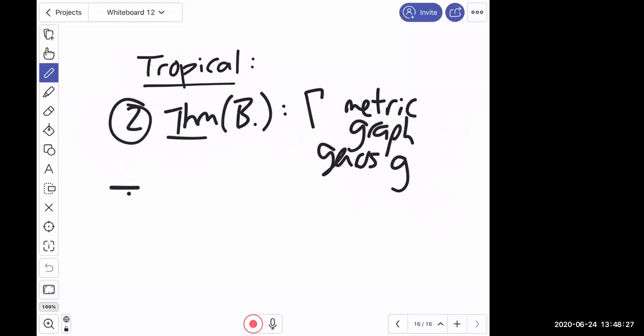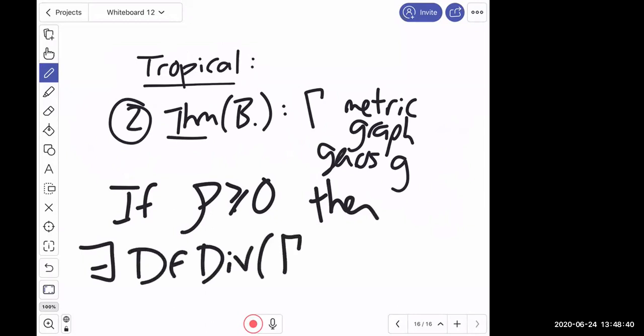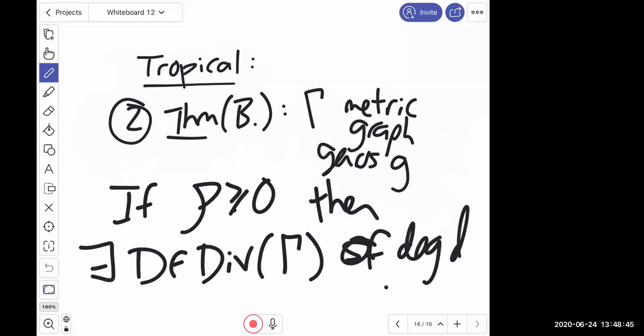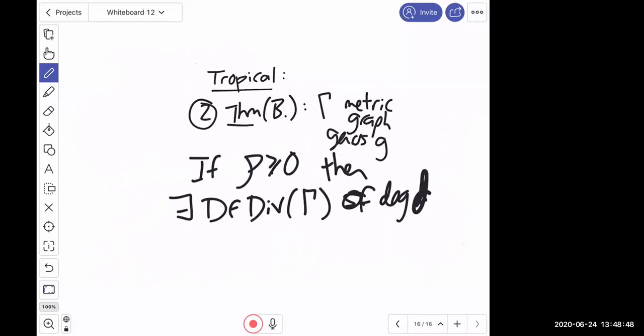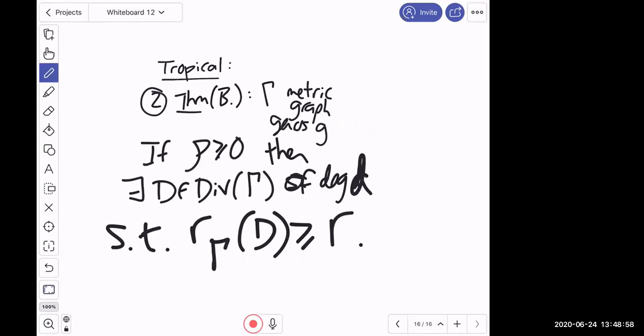And if the Brill-Noether number rho, which secretly is rho of g, r, and d, is non-negative, then there exists a divisor on my metric graph of degree d such that its rank is at least r. So that is just exactly the tropical counterpart of the statement that W^r_d is non-empty.